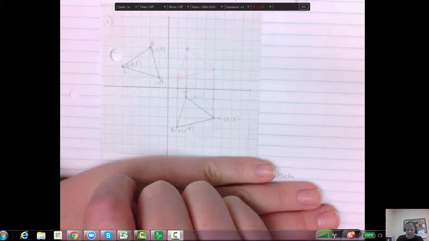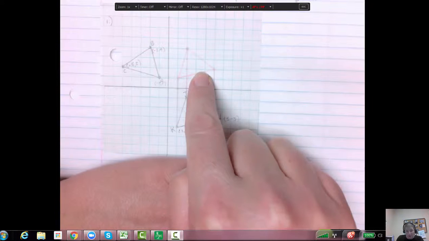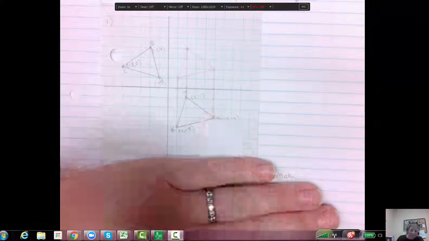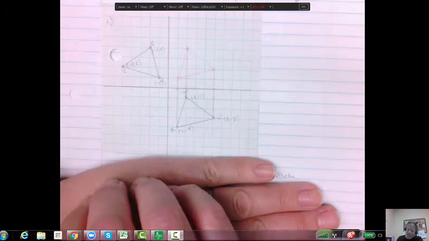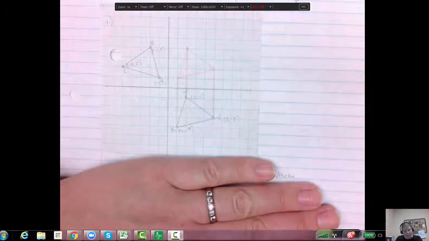I was thinking rotation, but rotation would turn, and I want it to actually reflect where I did it in red, and then I want to move it down. I could have moved it down, then reflected it, so you could have thought of it a couple different ways, but the way that I thought of it was, well, I would reflect it over here.